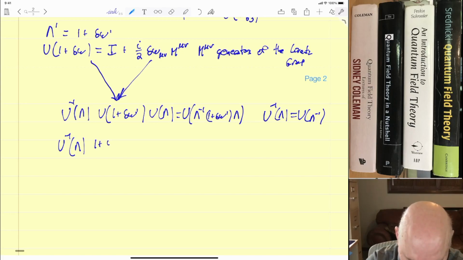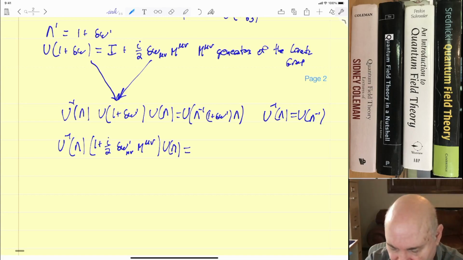So I'm going to get 1 plus i omega over 2 del omega prime mu nu M mu nu times u of lambda equals. Now it's important to keep distinctions here. Omegas are just parameters. They're just numbers. So we don't have to worry about order or anything like that.